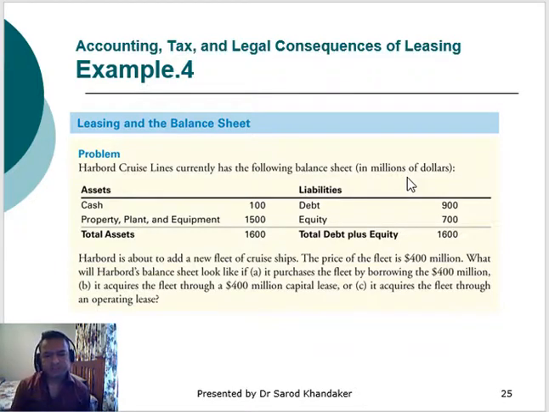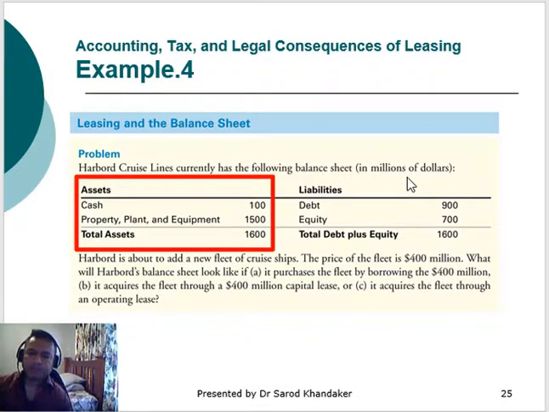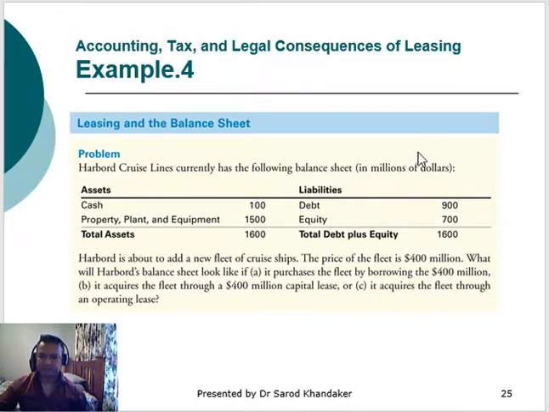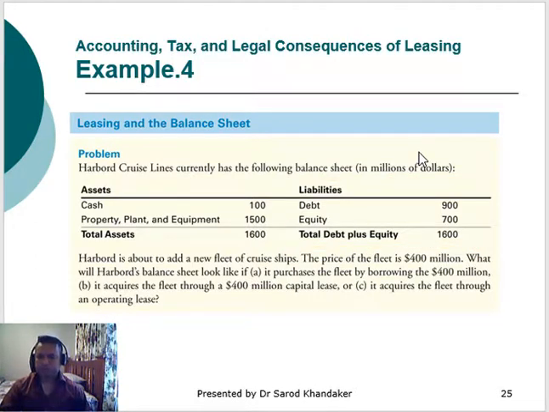In this example, Harbor Cruise Lines currently has the following balance sheet in $1 million. Cash is 100, property, plant and equipment is 1,500, so the total assets are 1,600. On the liability side, debt is 900 and equity is 700, so debt plus equity is 1,600 as well. Harbor is about to add a new fleet of cruise ships.